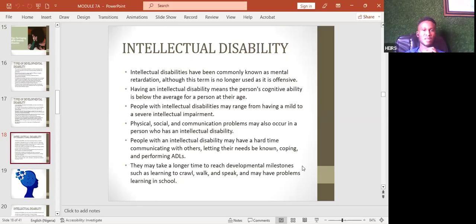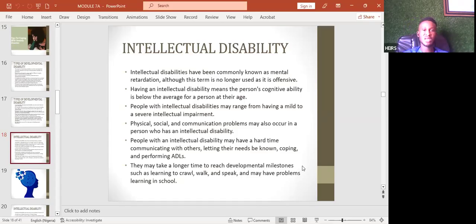Now, we said people with intellectual disabilities may range from mild to severe intellectual impairment. Physical, social, and communication problems may also occur in a person who has an intellectual disability. People with intellectual disability may have a hard time communicating with others or letting their needs be known, or coping and performing activities of daily living.